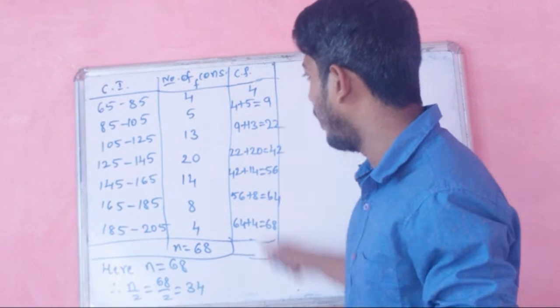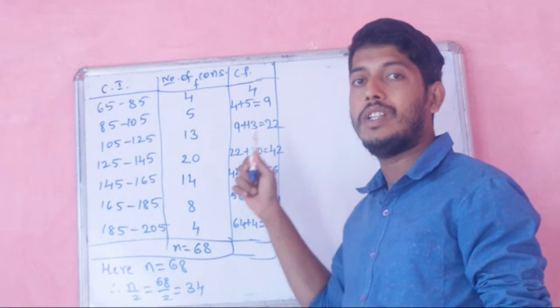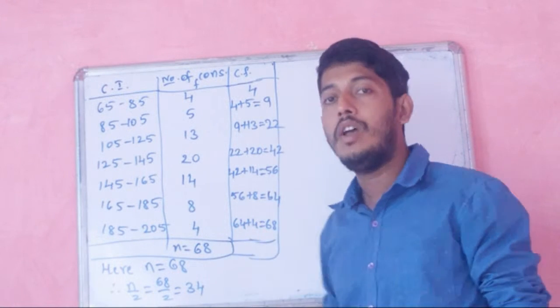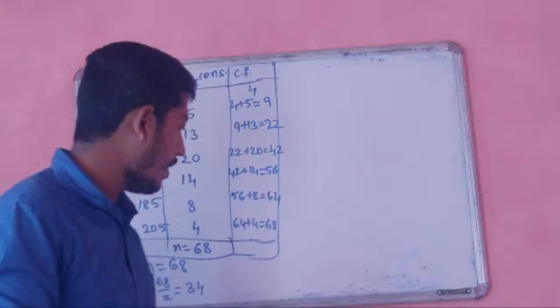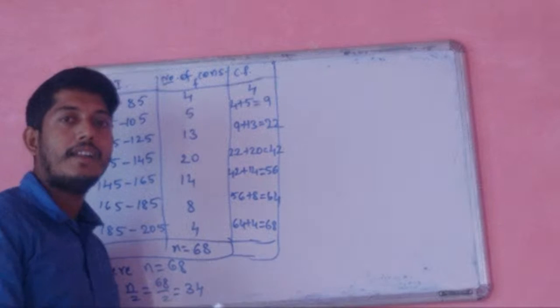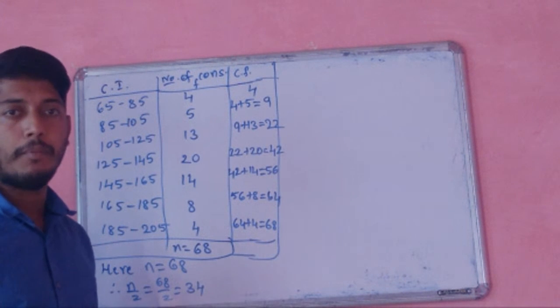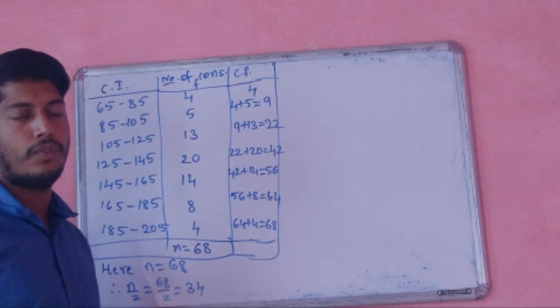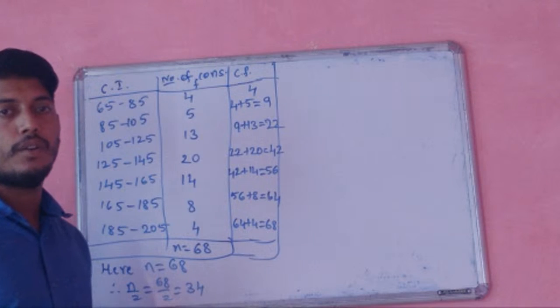Now, in the cumulative frequency values, not in the frequency, we have to find a value that is greater than 34 and nearer to 34. That value must be greater than n by 2 and very near to n by 2.